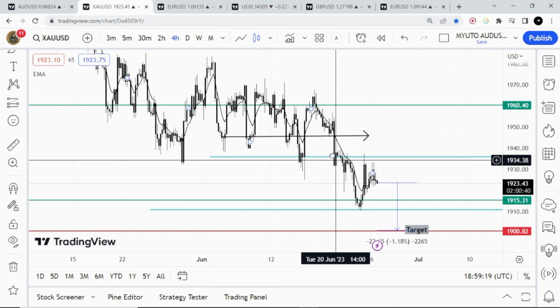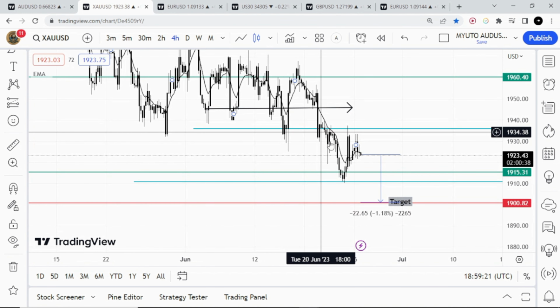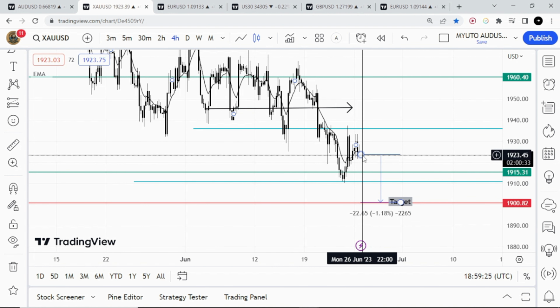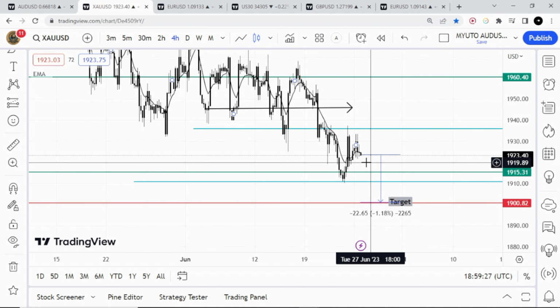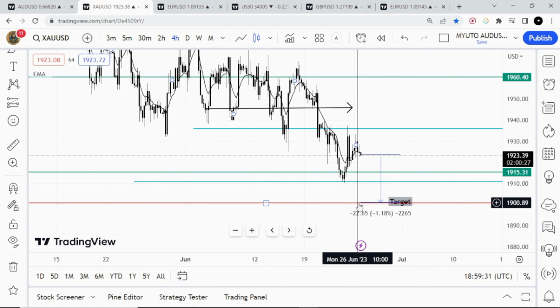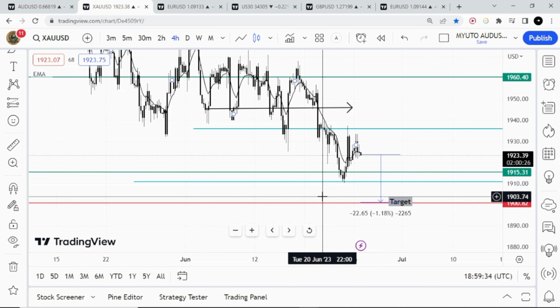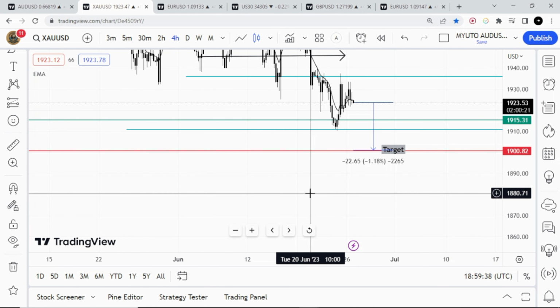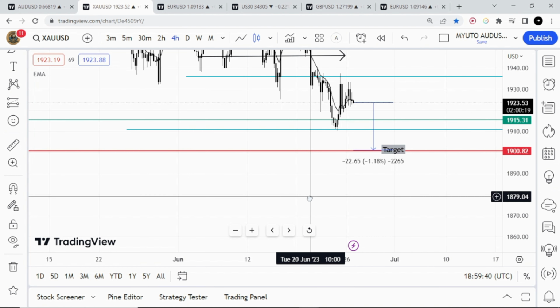and then made our push to the downside. So currently for gold, as you can see, I'm expecting gold to begin to fall from here, 1923 current market price, down to 1900. So that's about 23 pips if I'm not mistaken. So that's my prediction for gold currently.